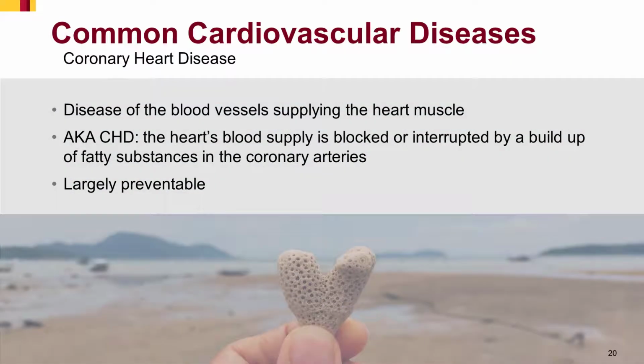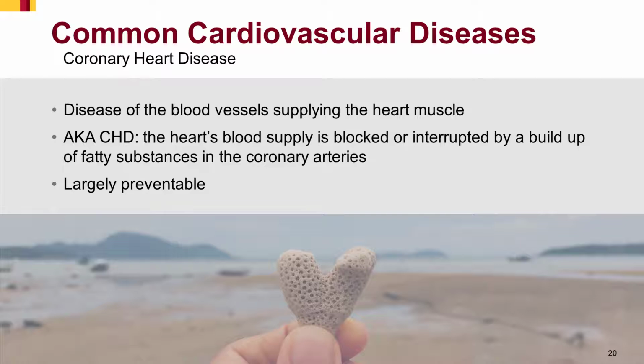We're going to talk about some of the common cardiovascular disease categories. First, we'll talk about coronary heart disease. This is a disease of the specific blood vessels that are supplying oxygen directly to the heart. You might also hear this abbreviated as CHD.